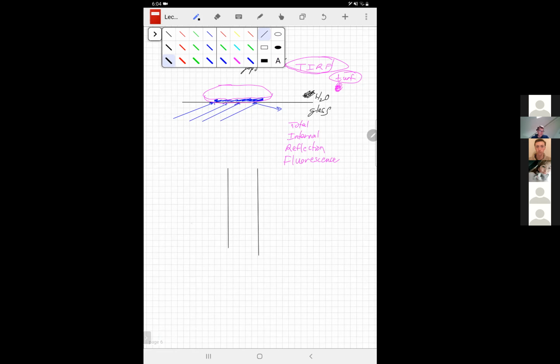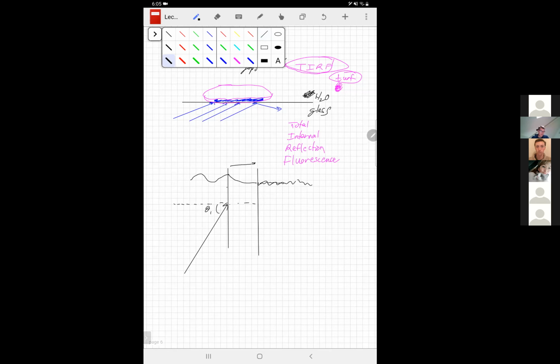But what if I have something like this? Theta 1. Then I have some evanescent decay, so it looks like this over here, and it hasn't quite decayed to 0. Then some light can get through, okay?